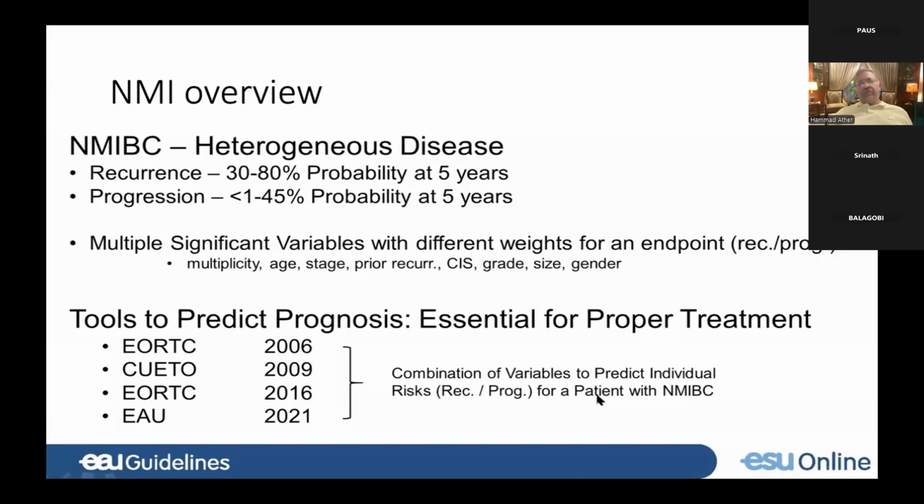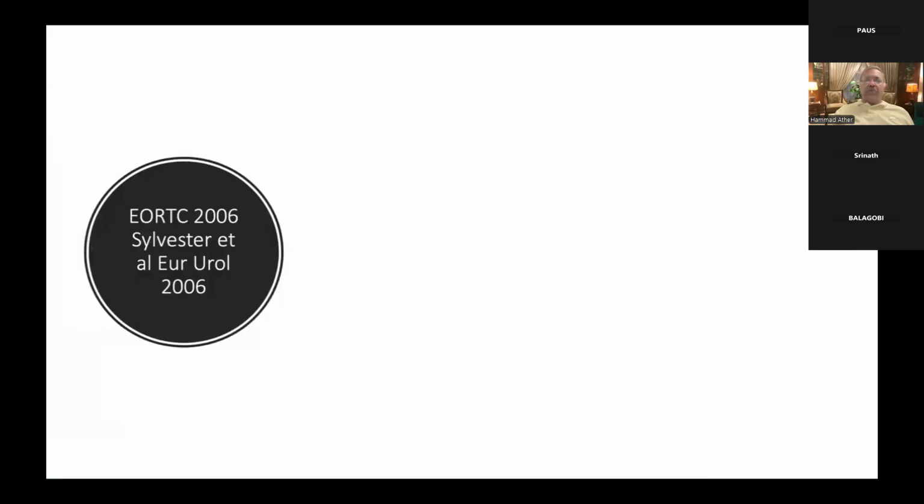At the same time came the Spanish Club of Urology for Treatment of Cancer, CUETO, in 2009. EORTC came up with a modified tool in 2016 because of the changing practice pattern in the management of non-muscle invasive bladder cancer. And very recently, a few years back, the EAU risk calculator and risk assessment tool was introduced. So we'll just have a quick look at these various tools.